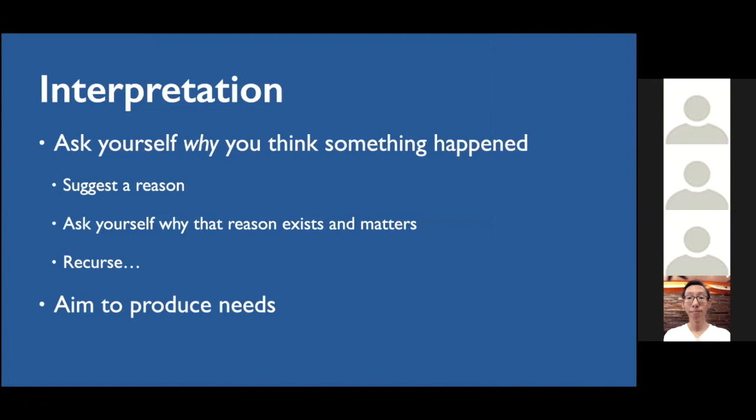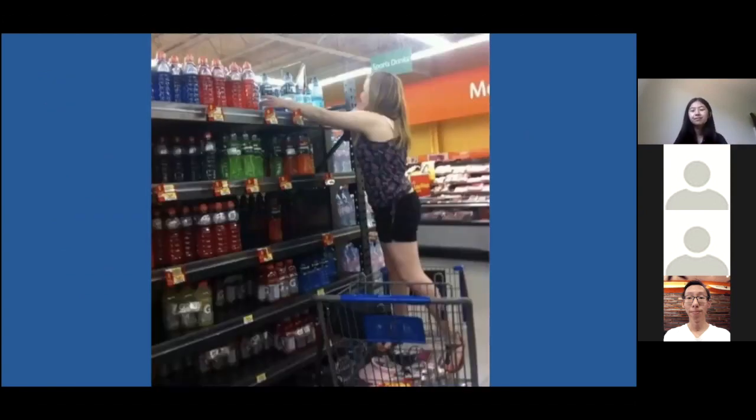When you start to observe things and ask how they're doing things: okay, they're trying to reach something on top. How are they doing it? They're stepping in a cart and someone's taking a photo, right? So what's going on? When you start doing that, you go beyond just the surface level obvious needs that you see in the situation to developing a model of who the person is.